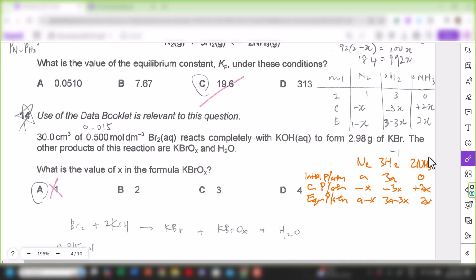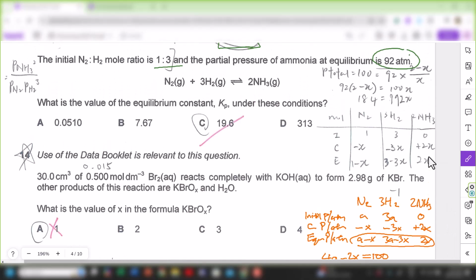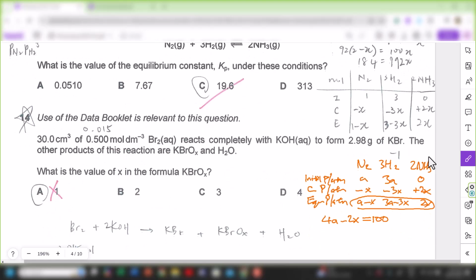I was told that the equilibrium total pressure is 100 atmosphere, so I'm going to draft an equation. I will sum up all of these, so that will be 4A minus 2x equals 100. I am also told that the equilibrium partial pressure of ammonia is 92.